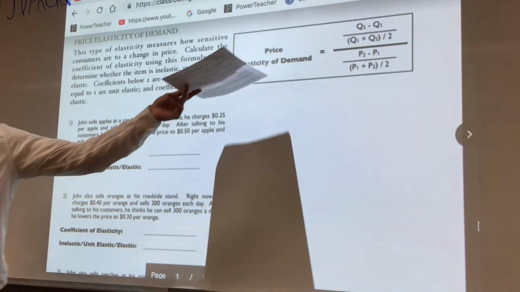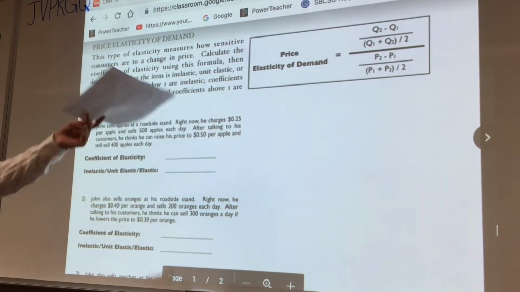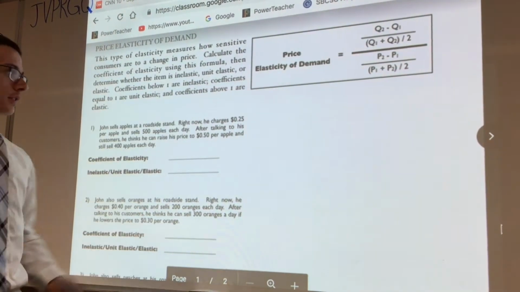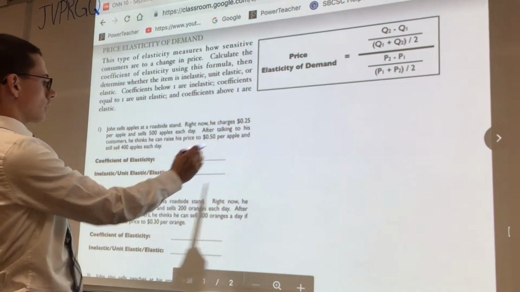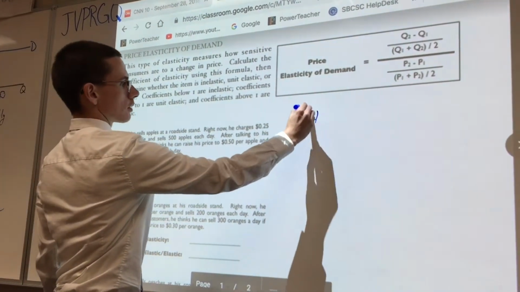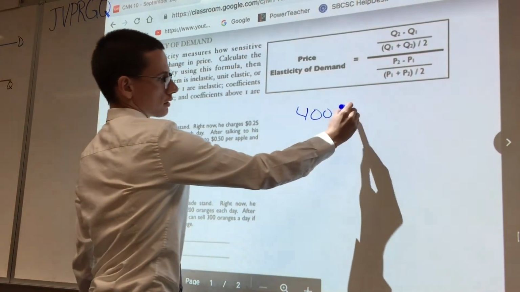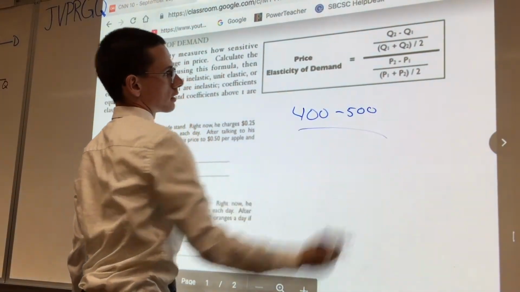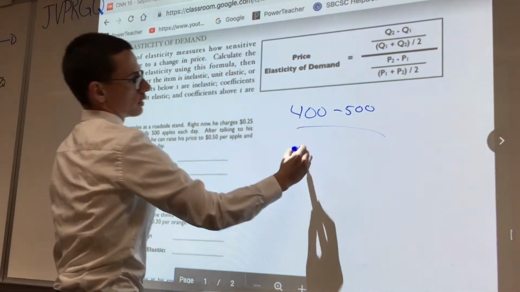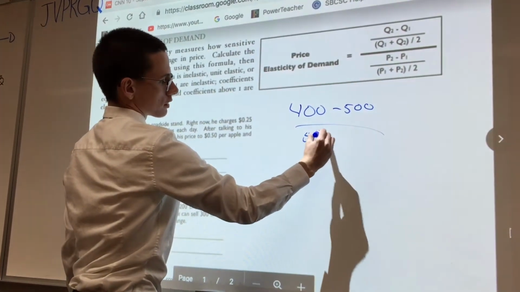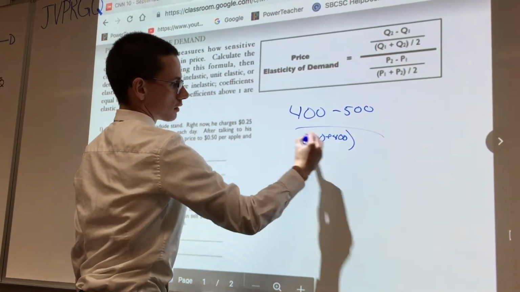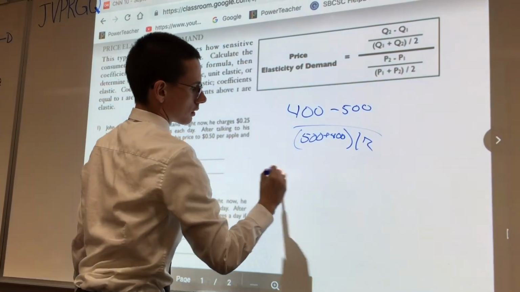So you got this equation right here, you got these numbers, so you plug the numbers right into the equation. It's simple, right? So your quantity 2 is 400, it says so in the word problem, Q2, and then Q1's 500, boom, write it down. And then you already know Q1 and Q2, 500 plus 400, in parentheses, divide by 2, right?